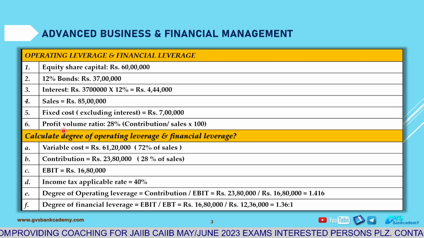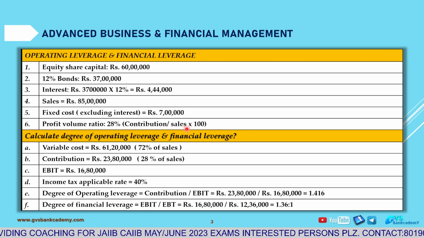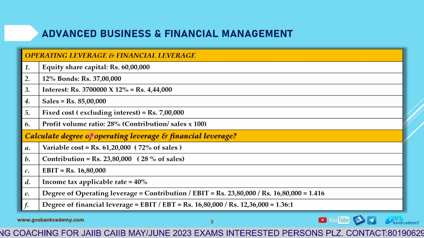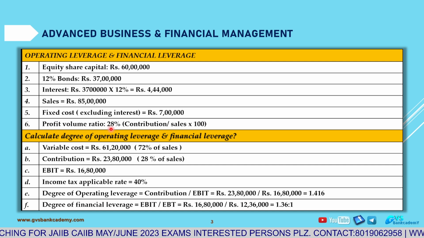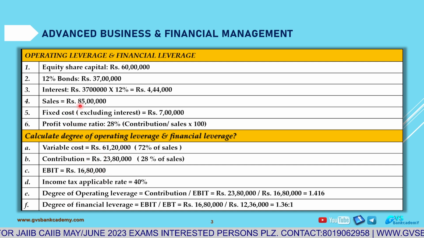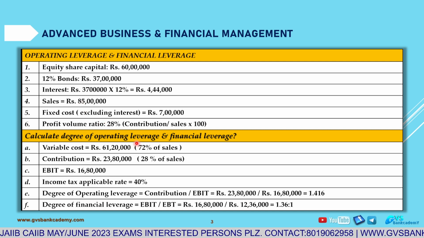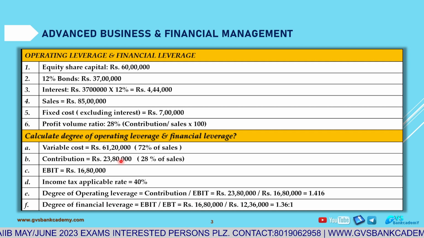Out of sales, a PV ratio of 28 means contribution is 28%. So 85 lakhs into 28% gives contribution of 23 lakhs 80,000.